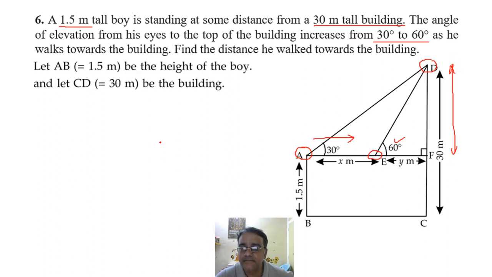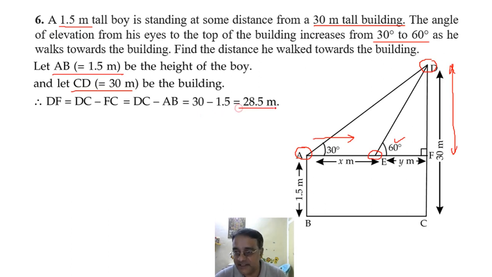Okay. So let AB is equals to 1.5 meter be the height of the boy, and CD is equals to 30 meter be the building, and DF is equals to DC minus FC, that is 30 minus 1.5 is equals to 28.5 meter. Okay.